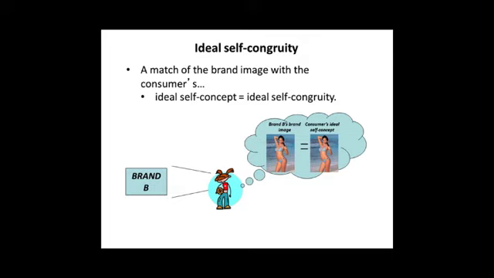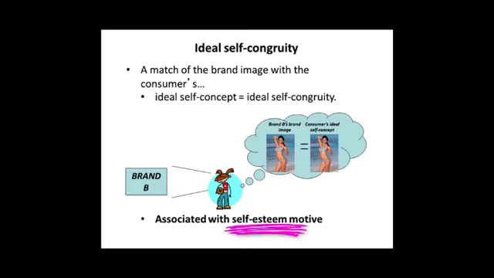Then that would be a match between her ideal self-concept and the brand image. And that would lead to the image congruity effect of positive attitudes, purchase intentions, behavior, if the consumer is driven by the self-esteem motive, which means the motivation to achieve that ideal self-concept.